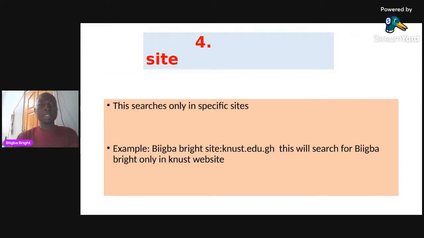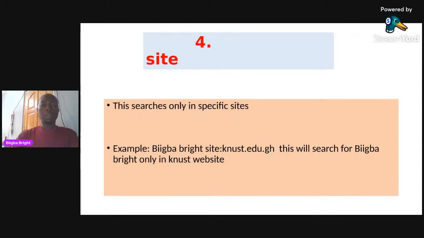Number 4, site. Sometimes when you Google for specific information, let's say Bigba Bright, my name, you are going to get 1001 Bigba Bright because there are several websites that contain information on Bigba Bright. But let's say I'm not looking for every single Bigba Bright on all the websites. I want it on a specific website.